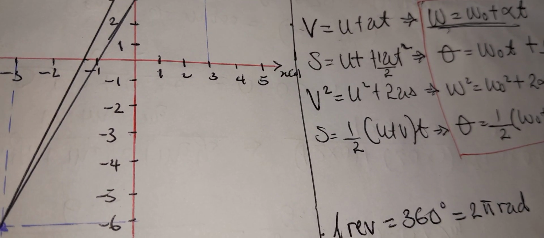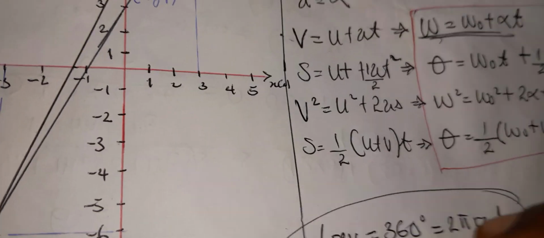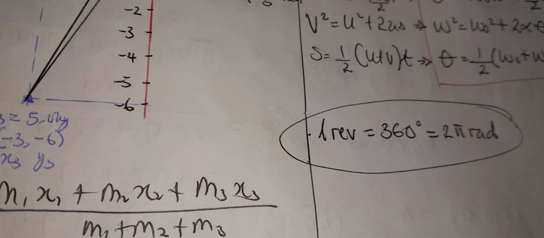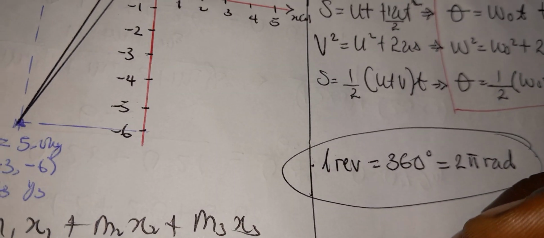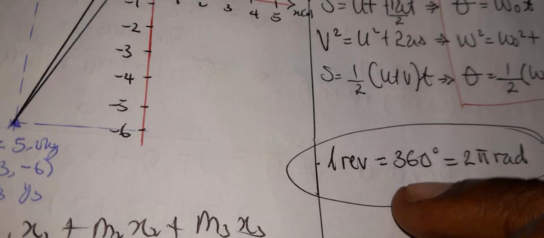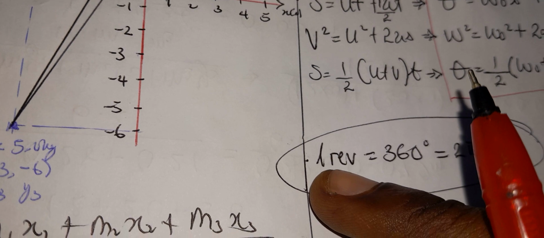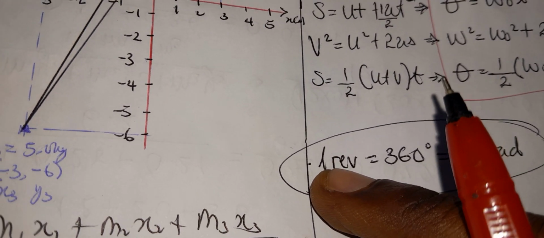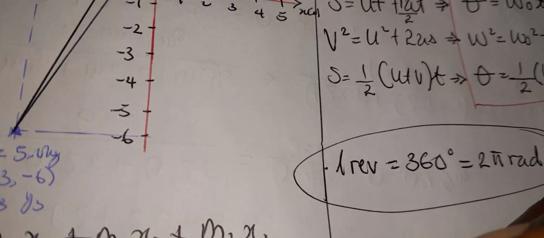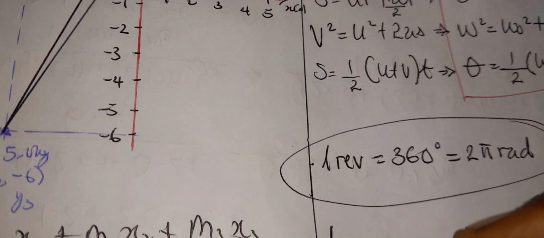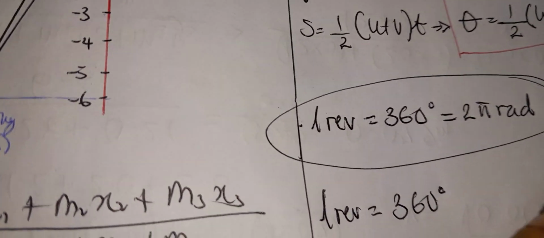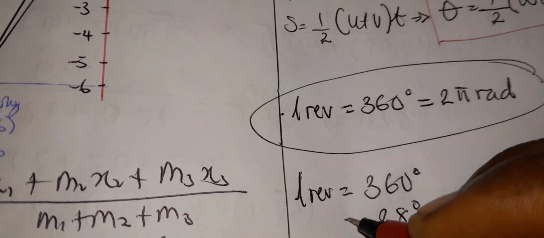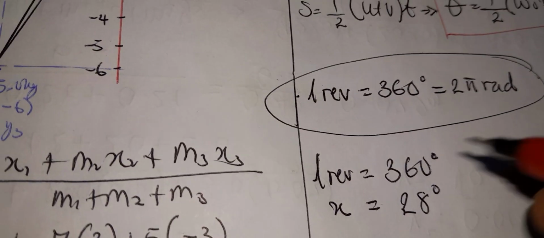Okay, so this is everything that we're going to be using to calculate the value. The first one is 28 degrees. I'll be changing 28 degrees to revolution, and then I'll be changing to degree. So if 1 revolution equals 360 degrees, 28 degrees will equal x.